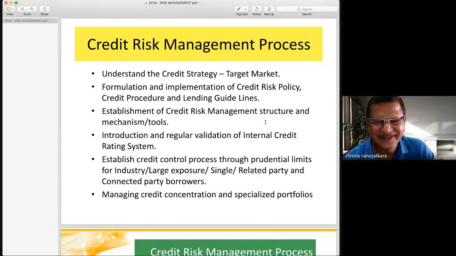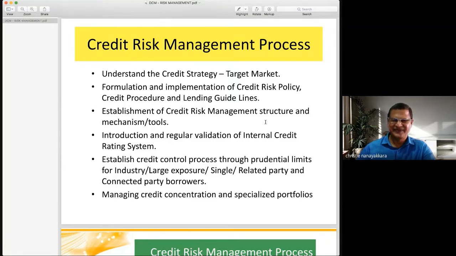Then the head of credit's limits are also limited. He will refer this to the CEO or internal credit committee. If the limits of all these are not sufficient to approve that facility, then it will go to the board of directors. So the structure of the credit risk management will be done by this credit risk management unit.